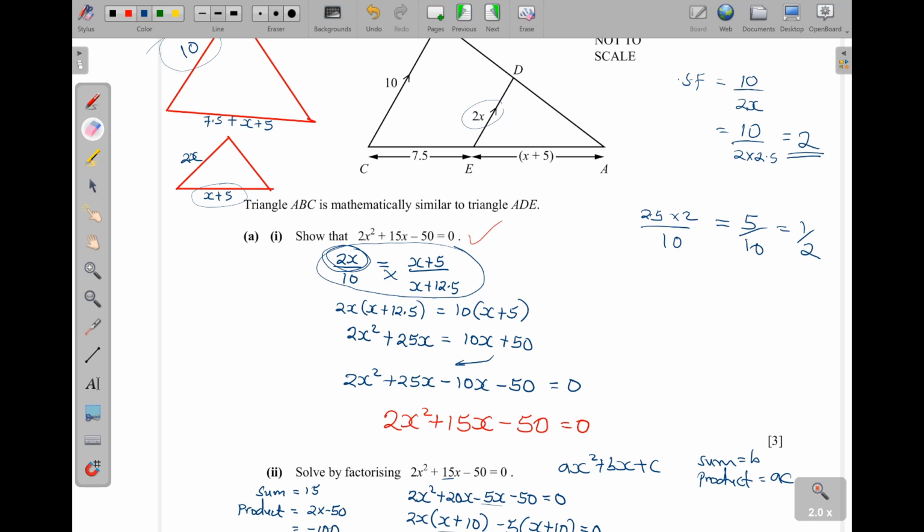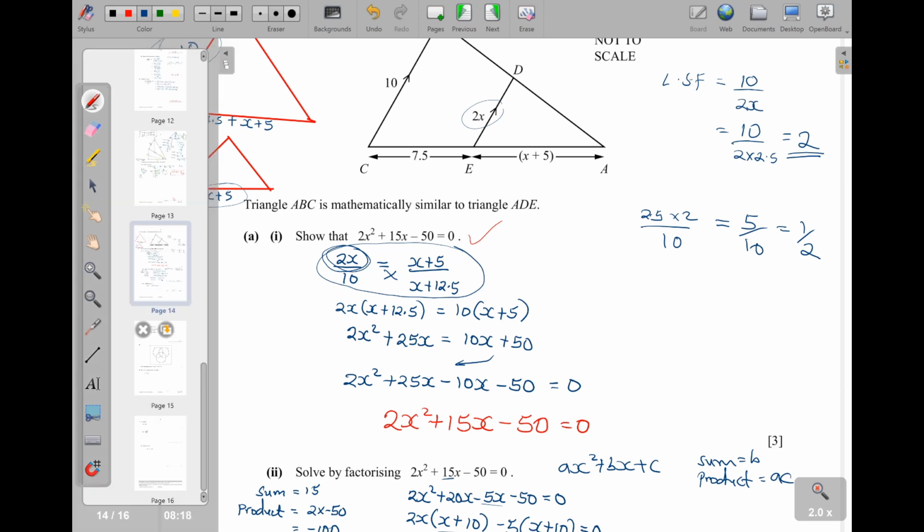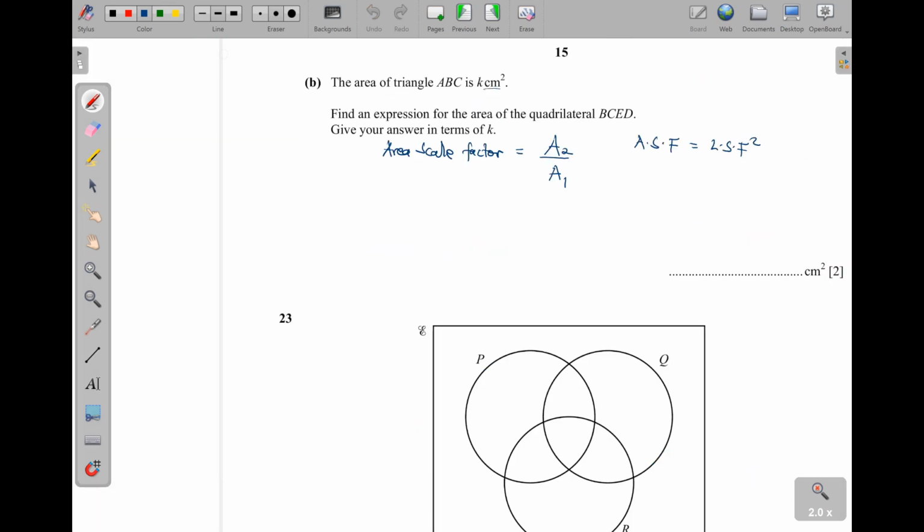Pardon me here. This is the length scale factor, which is 2. That means remember, the lengths are given in units, but then the area is given in square units. So meaning the area scale factor is 2 squared. Okay, we square that.